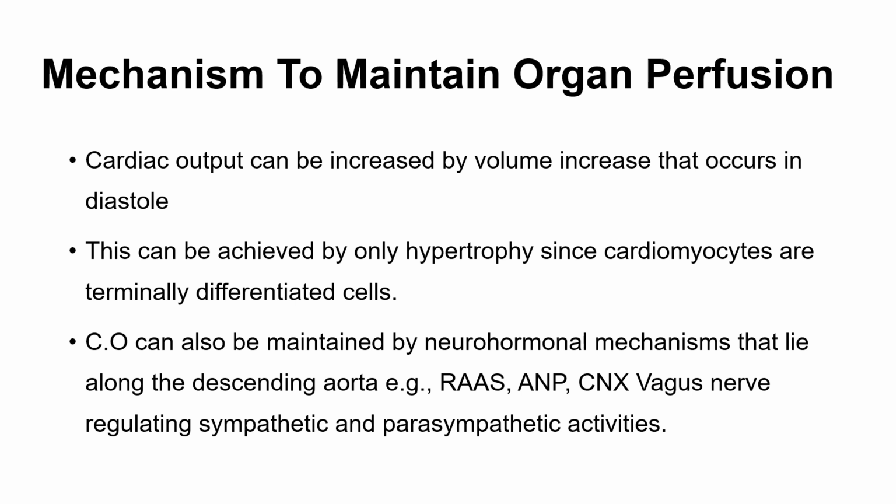Diastole is the filling of the ventricles. When we increase the volume of blood during diastole, it means that we will have more blood supply to the rest of the body. Remember we talked about cardiac output being stroke volume times the heart rate. When you increase the volume, you increase the cardiac output.